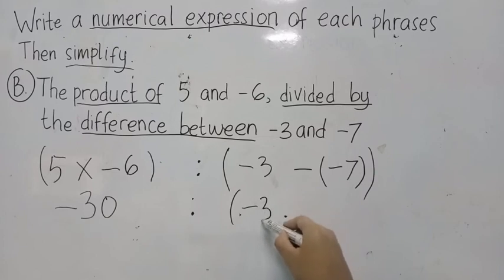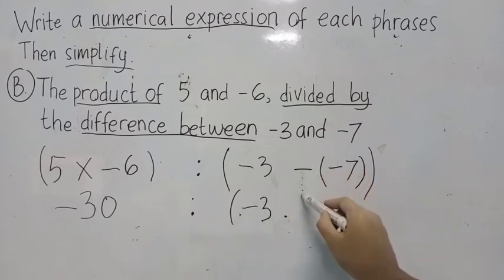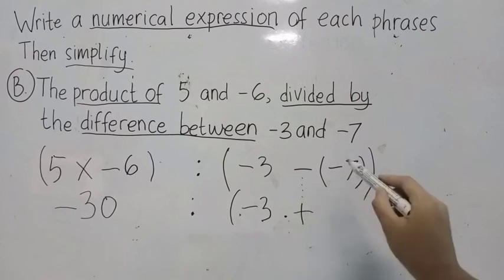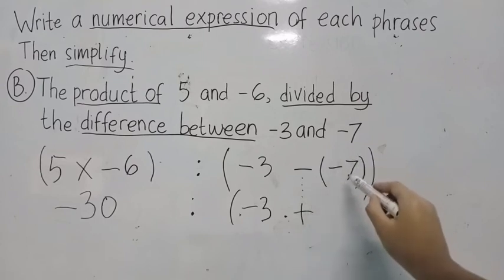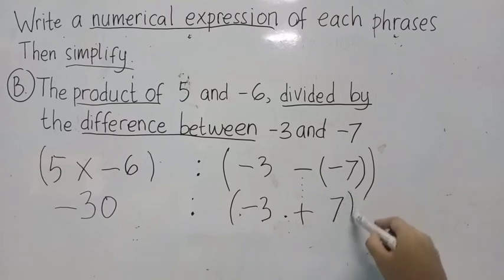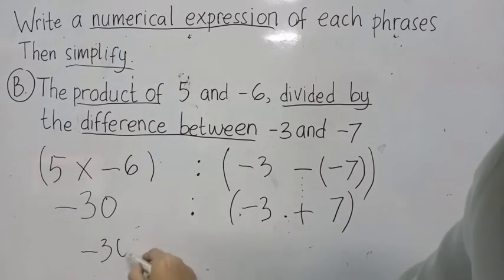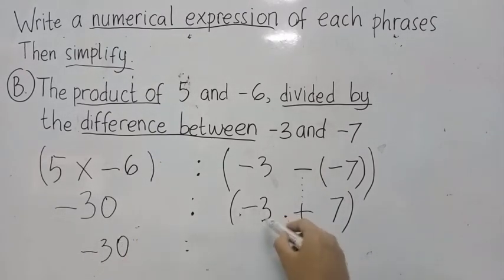Negative 3, and then minus becomes positive, and negative 7 becomes the inverse of negative 7. The inverse of negative 7 is 7. Okay, next we write again negative 30 divided by negative 3 plus 7.